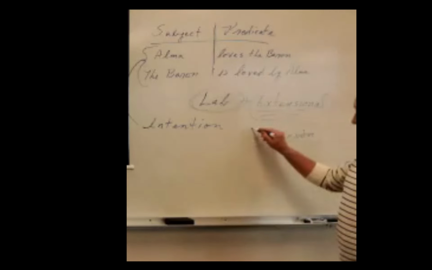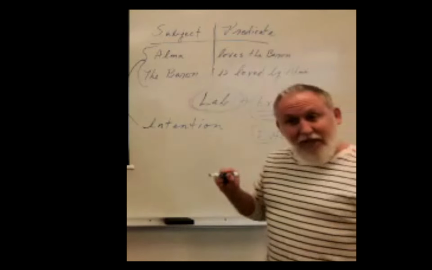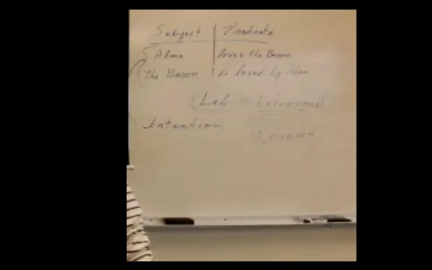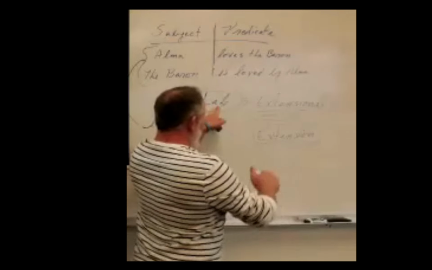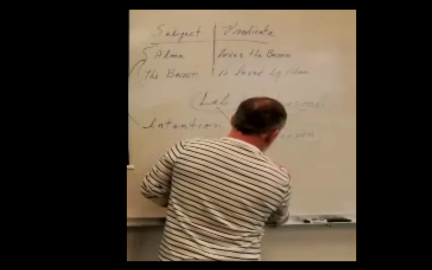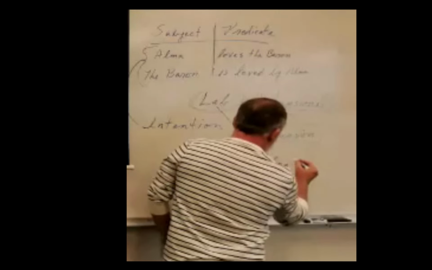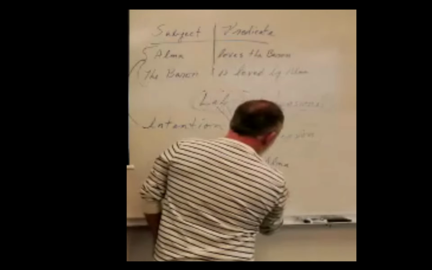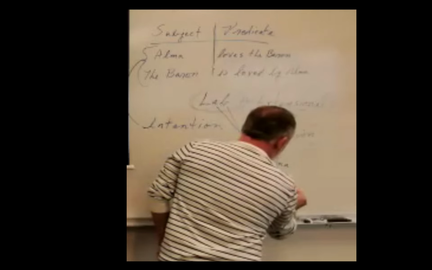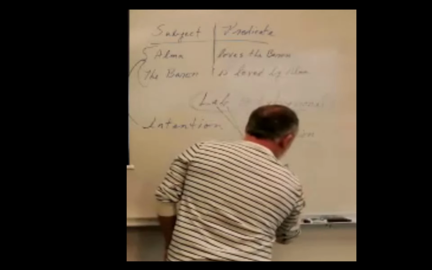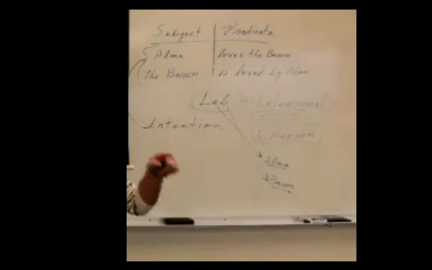So when we use this word extension in the interpretations, that means we're saying A is Alma, right? B is the Baron. These are objects within our interpretation.